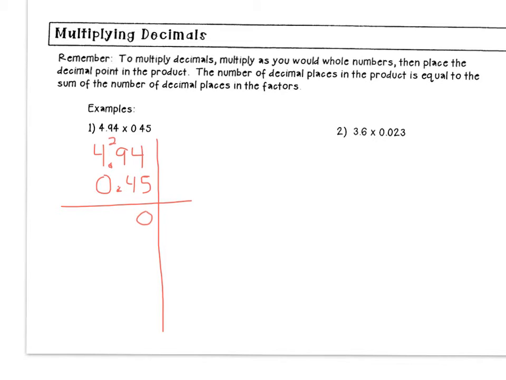Now you take 5 times 9 is 45. Add the 2, 47. Got to carry the 4. And now you need to do 5 times the 4, which is 20, add 4, 24.